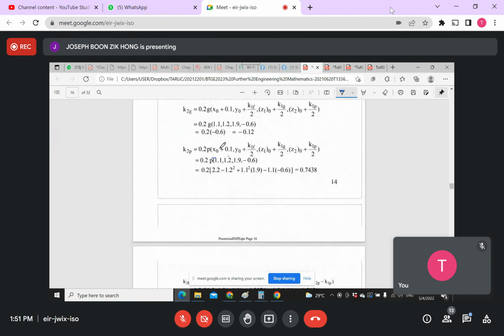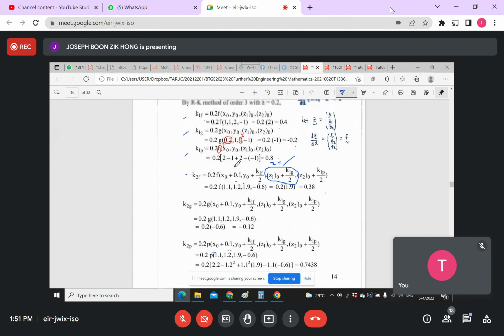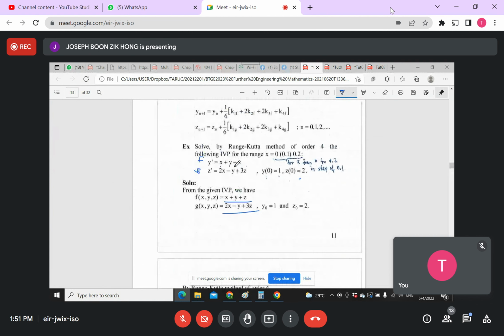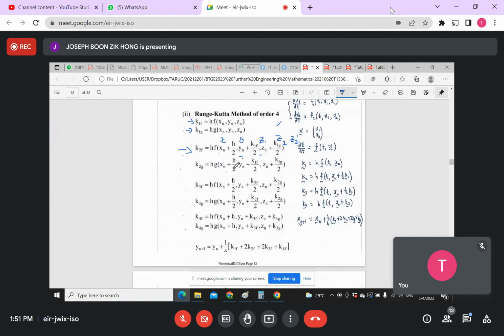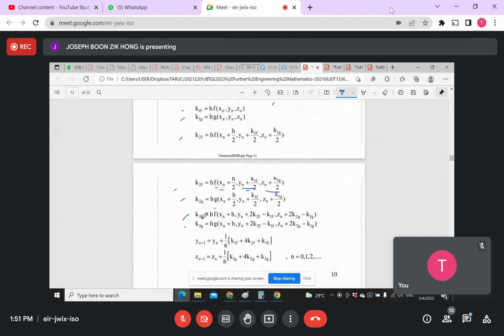X naught plus H divided by 2, because according to the formula here, you want to find the K2G, your Xn have to plus the H over 2. Your Yn have to K1F over 2. And then that means what you have now, it will be a function of this function, which is H function.